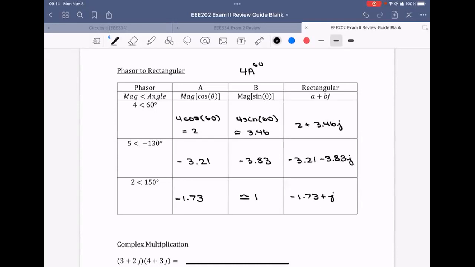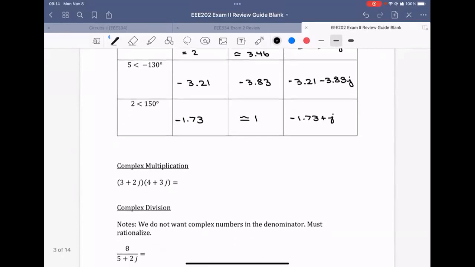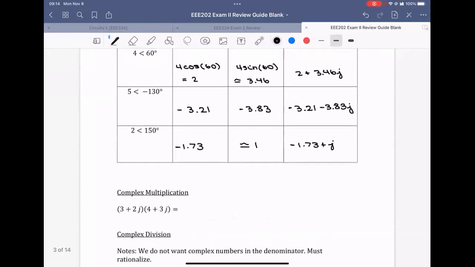And if we have 1, you can either do just the imaginary part, so just J, or we could have done plus 1J. That's the same thing. And you could do these quicker than I could using your calculator, quicker than I could even write it down.